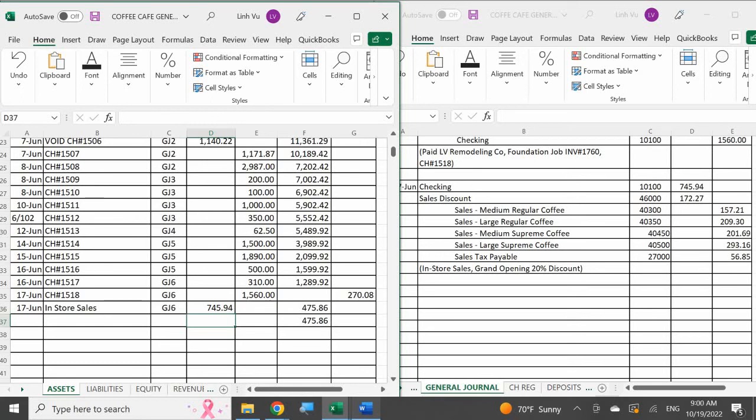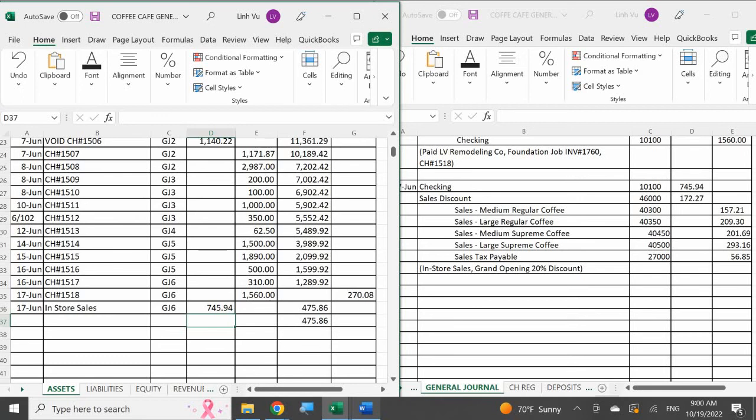Okay, so what else do we need to do? We need to deposit the money. We already deposited the money. That was the first thing that we did. Because we have to understand this: if we're doing in-store sales, the money's not going to magically appear in your checking account. What do you need to do? You need to deposit the money.